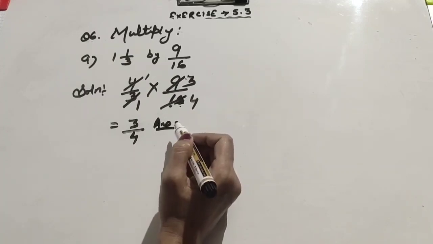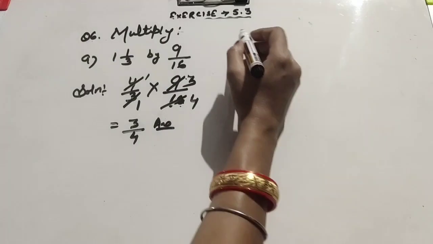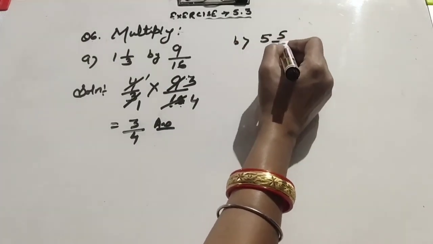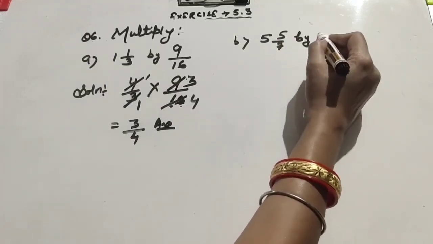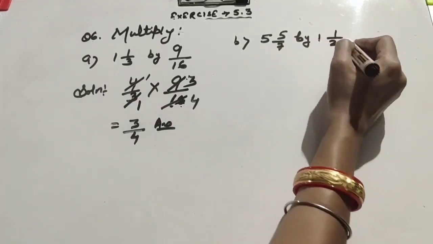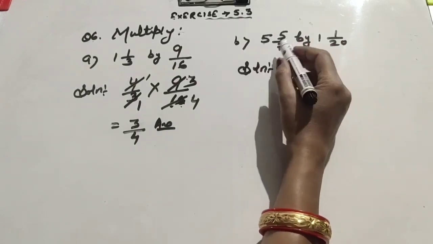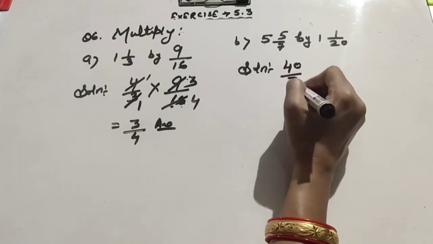One more question I have to solve, question number B, which is easy, but I have to solve. 5 by 7 by 1 by 20. Now 7 5s are 35 plus 5, 40 by 7.